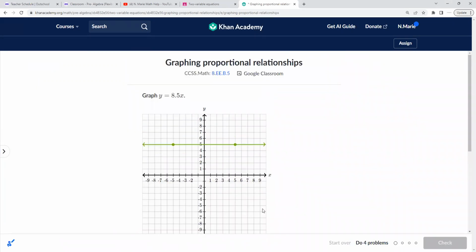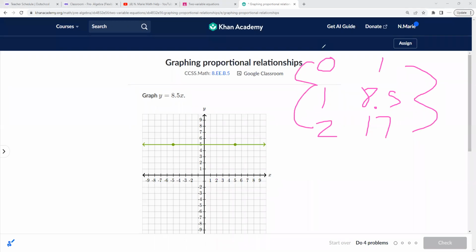So now we're graphing proportional relationships. And by proportional, they mean, when x is 1, y is 8.5. When x is 2, y is going to be 8.5 times 2, which is 17. When x is 0, y is 1. So you can see it goes up 8.5 for the y's and up 1 for the x's.